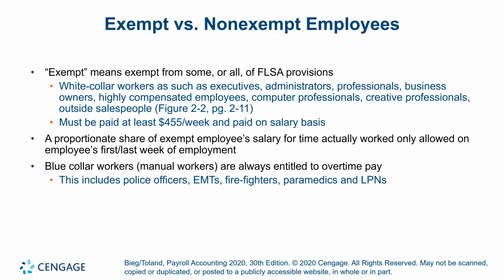So instead of paying their full salary amount, we can pay just a proportion, only the first week of employment or last week of employment. We got a little bit of practice with this in class together. We had one example where the person started a new job and only worked 2 days out of the 5-day work week. So she was only paid that 40% proportion, right?